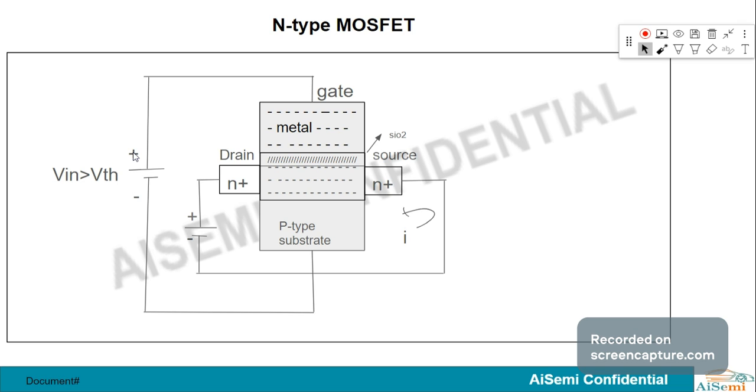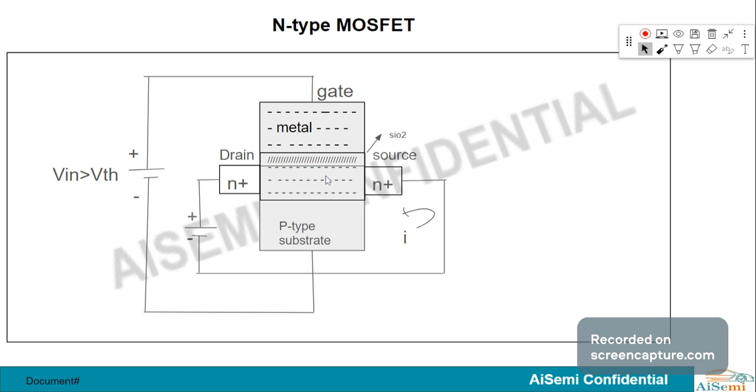Similarly, here I'm applying positive voltage, that is Vgs greater than Vth, to the gate terminal. The metal will attract the positive voltage. The metal contains electrons, and the p-type majority carriers are holes, so the electrons and holes attract each other.